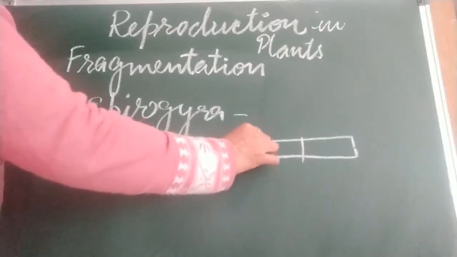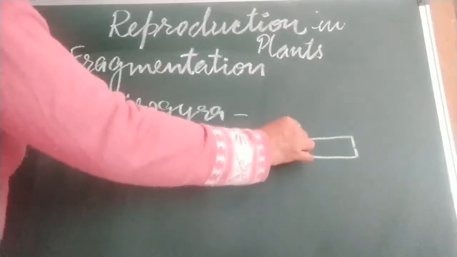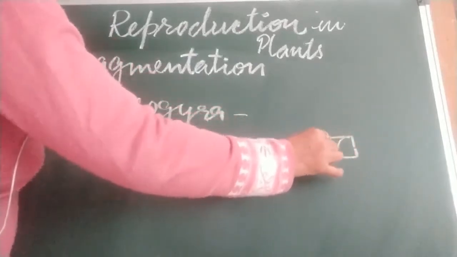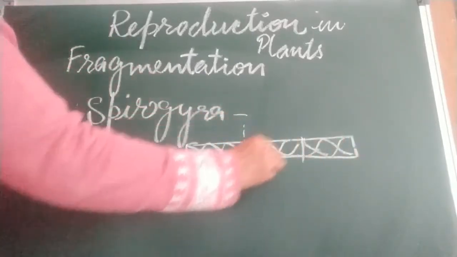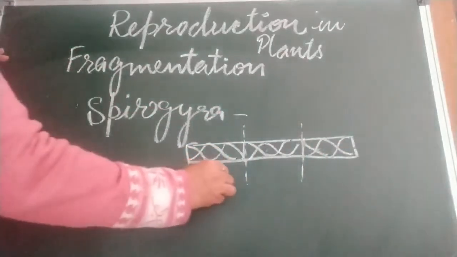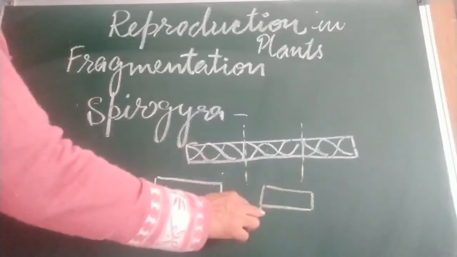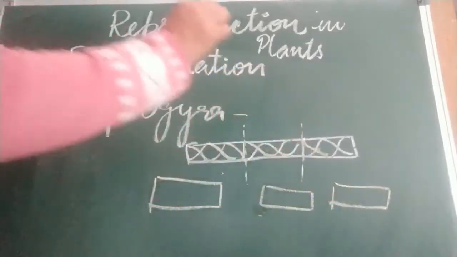So what happened when these bands get matured? When they get matured, they break from here. One fragment, two fragments, and now they behave like individuals and they grow.